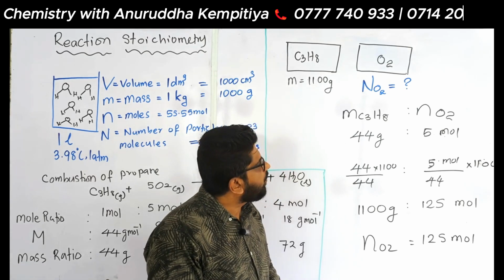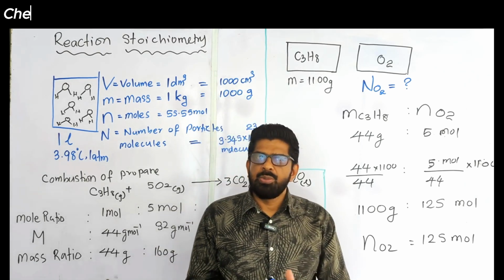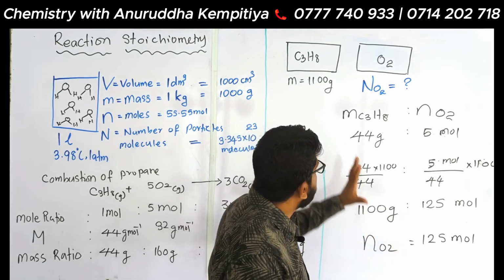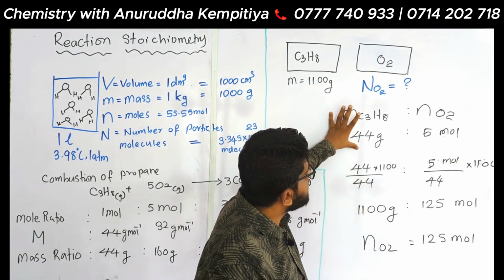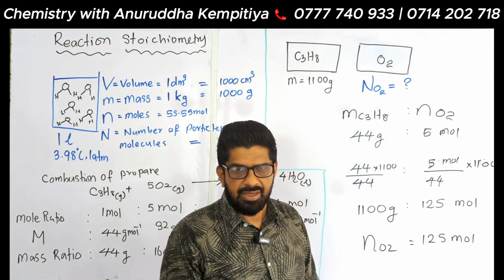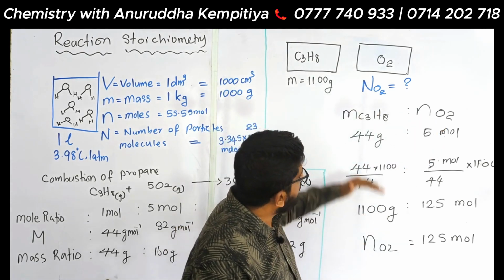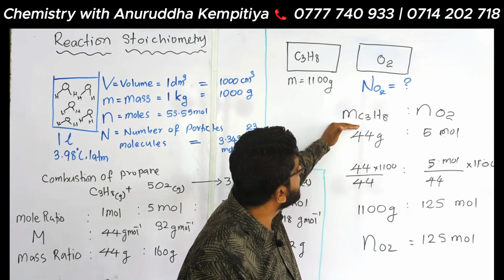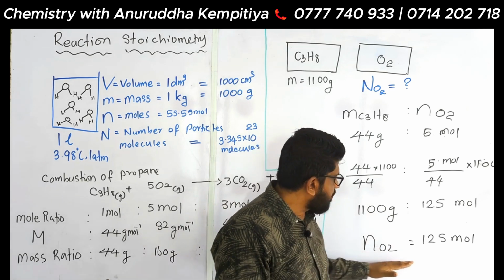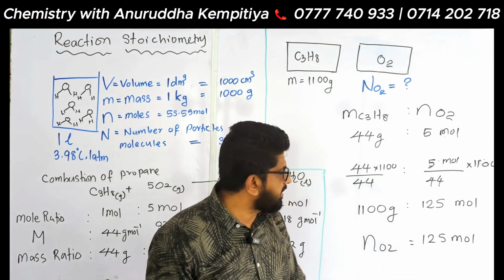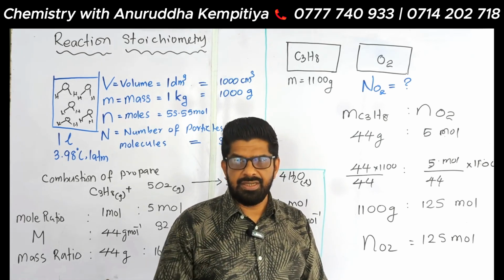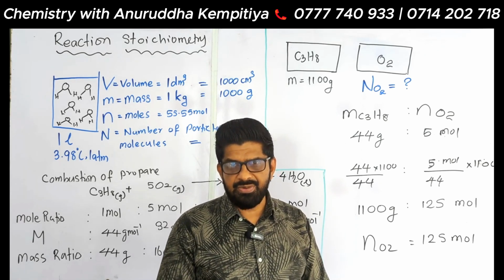Therefore, what I'm going to do is find out the number of moles first. Right. Then mass of propane is to number of moles of oxygen. Again, I'm going to do the workings and find the number of moles of oxygen required, that is 125 moles. Now I can convert that number of moles into number of particles very easily.